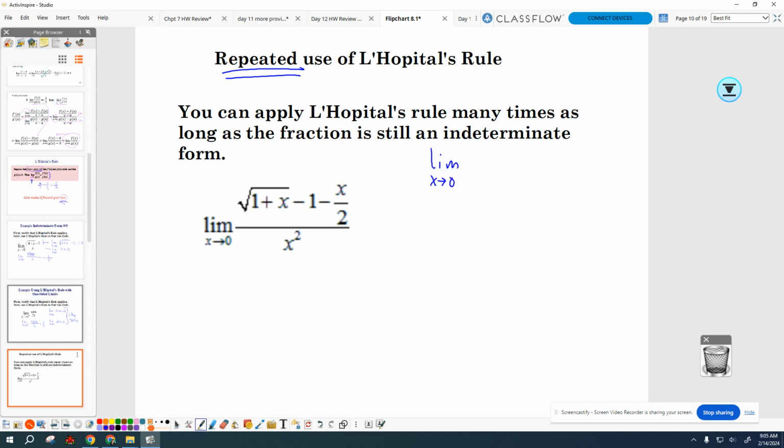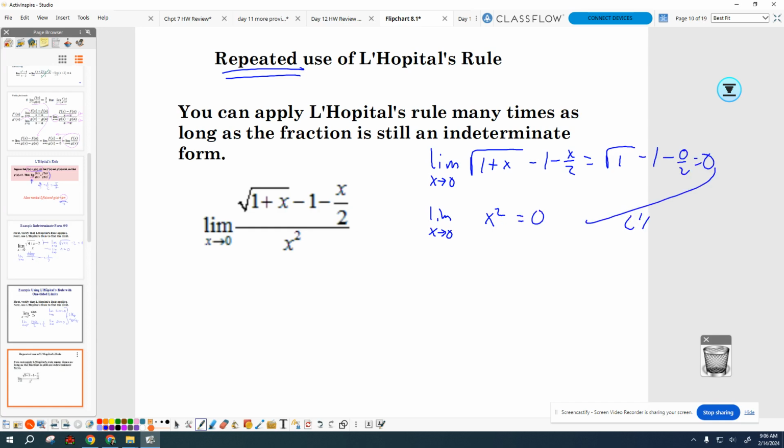So write the problem down, and again, pull apart the numerator and denominator to see if L'Hopital's applies. Top and the bottom both go to 0, so L'Hopital's applies, so I can do the derivative of the top, which is complicated.